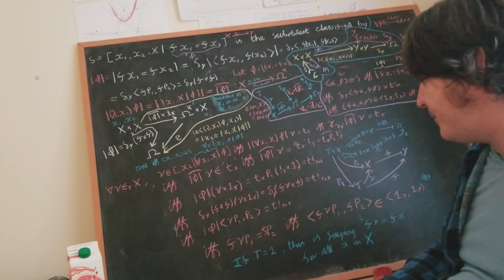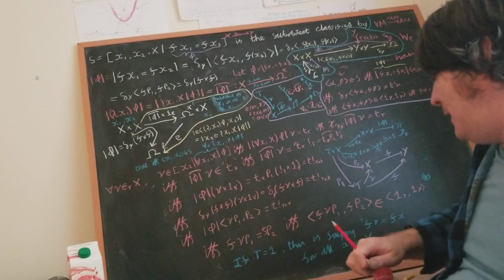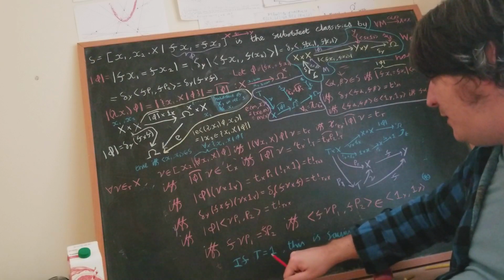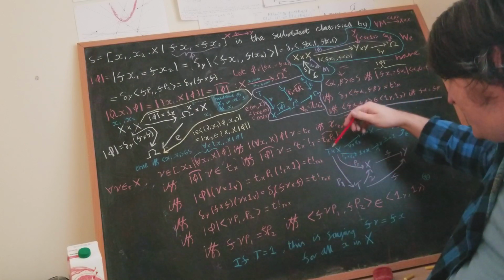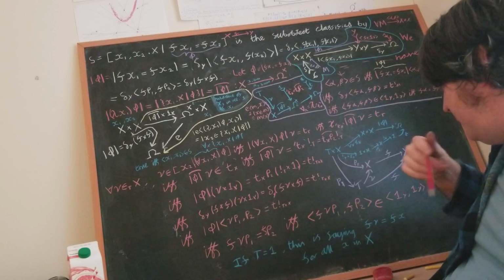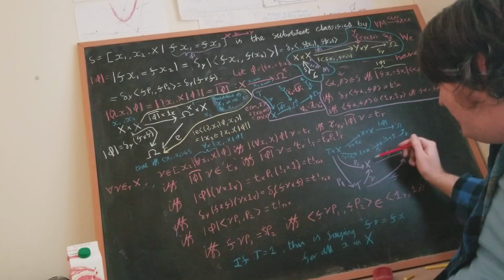Now how do we interpret this? Well, when t is the terminal object, this projection here doesn't really matter. We can just think of it sort of producing this v out of nowhere.